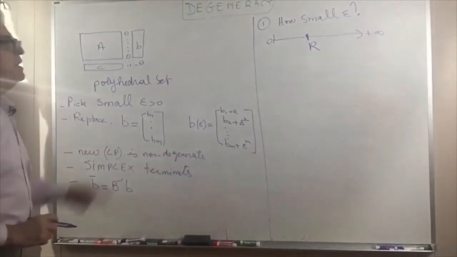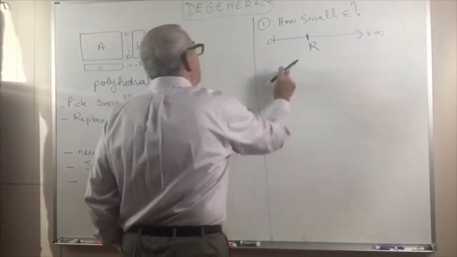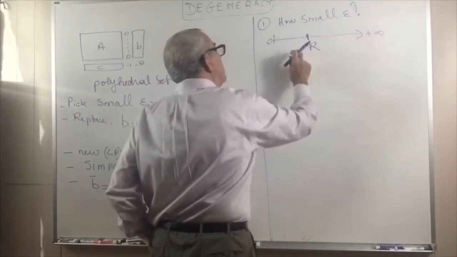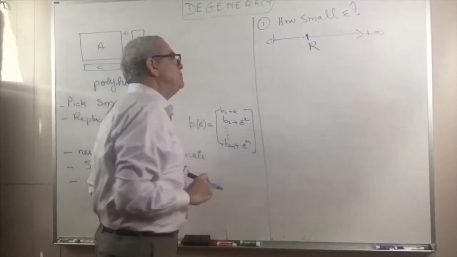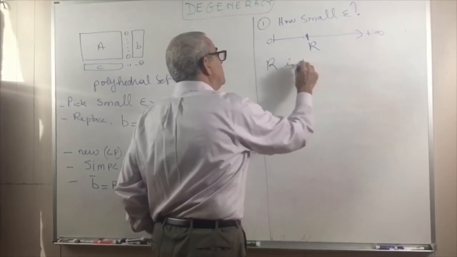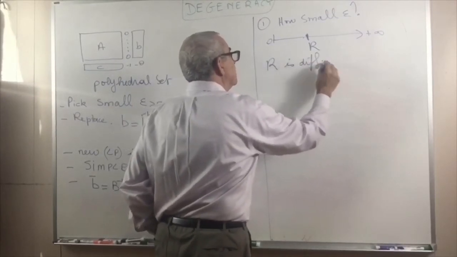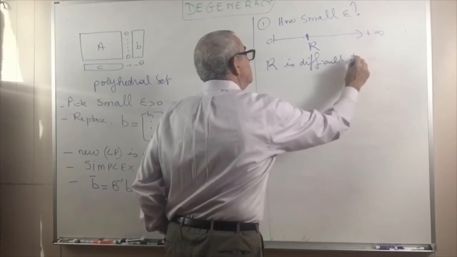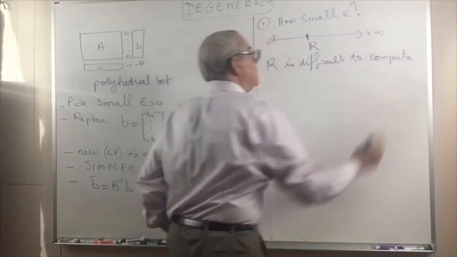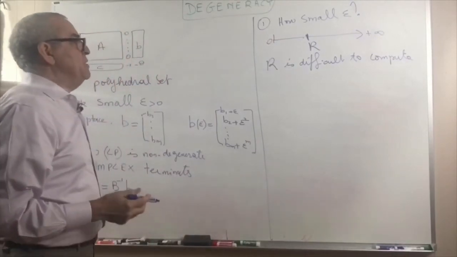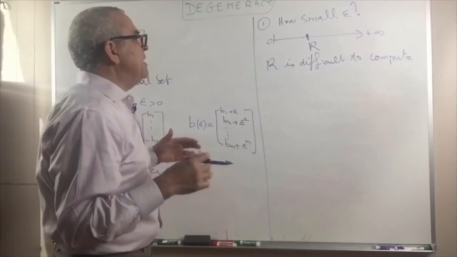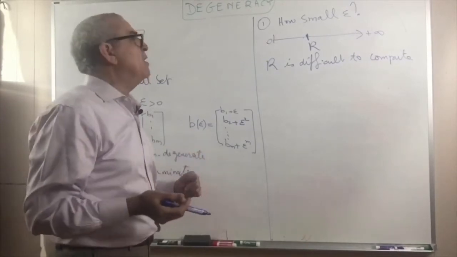That's how small: epsilon is less than r, bigger than 0. However, r is difficult to compute. We're going to see in a few minutes that r is the smallest positive root of all these polynomials. So computationally, that's going to be hard to do.